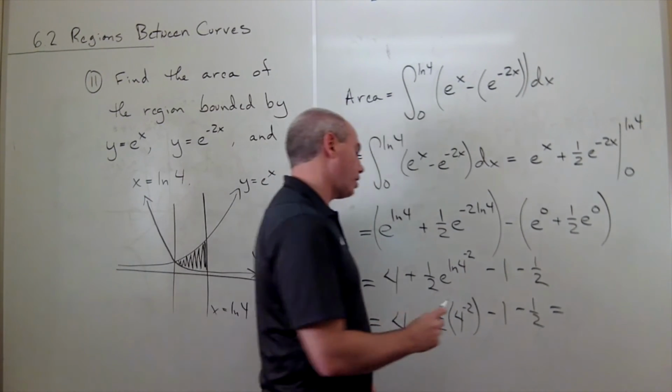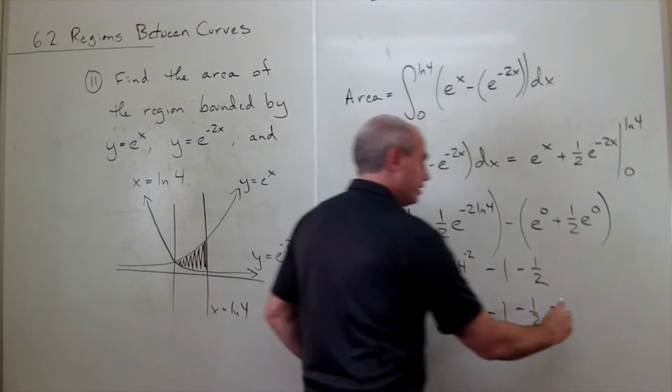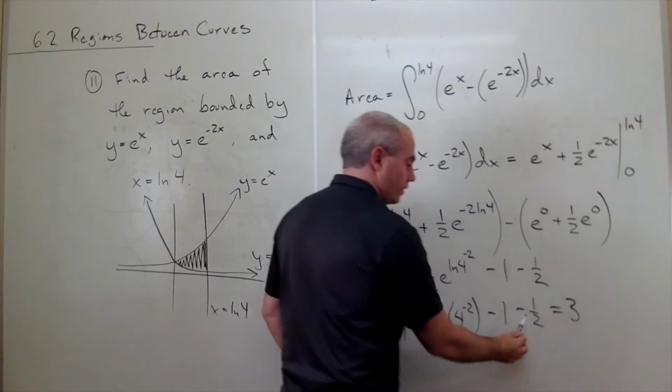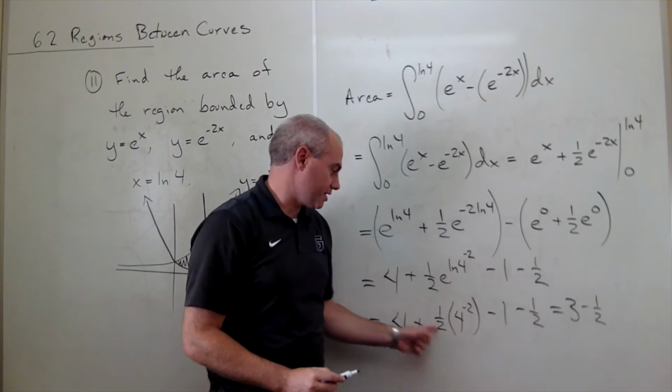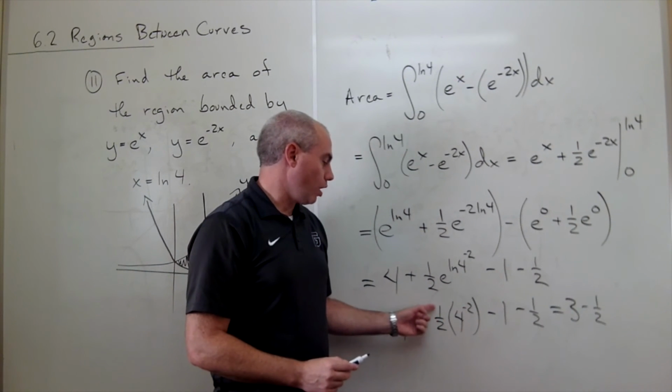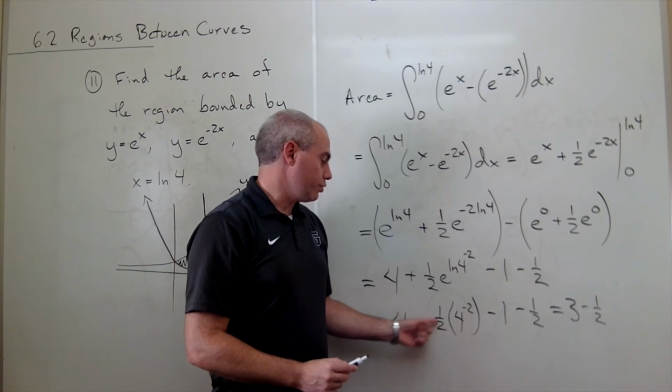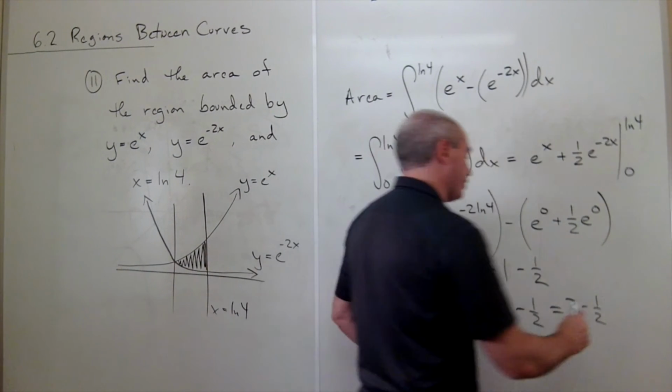So this is 4 minus 1 is 3, minus 1/2, and then plus this guy, which we said was 1 over 2 times 16, which is 1 over 32.